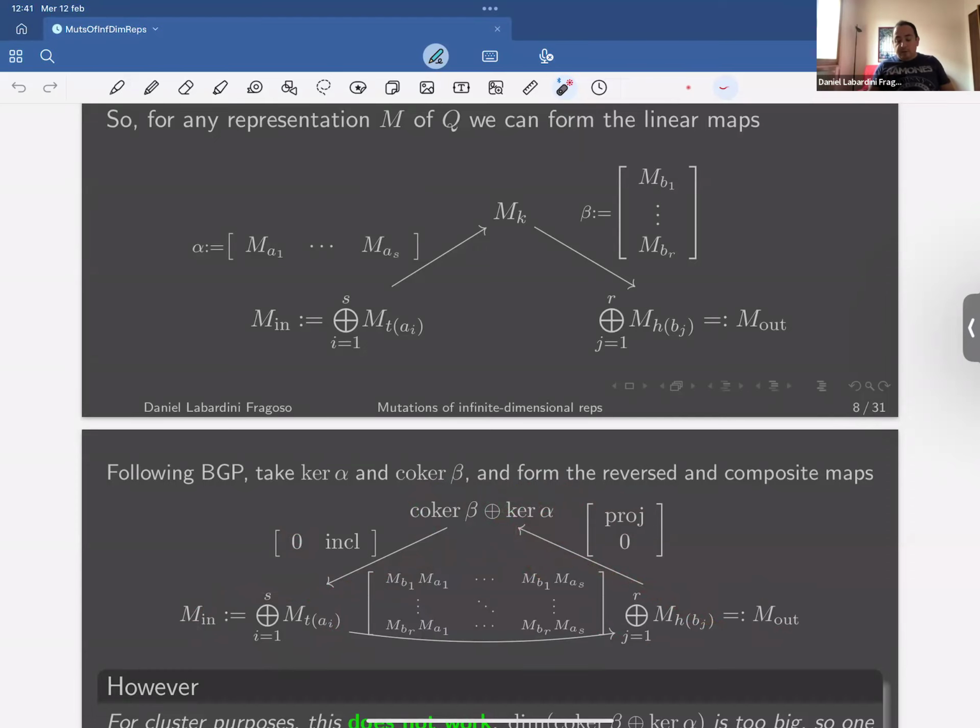Okay, so one can do that, and then one has the linear maps that should be attached to the arrows obtained by reversing the arrows incident to K. One still has to associate linear maps to the composite arrows that we mentioned at the beginning. That's also very easy, no?